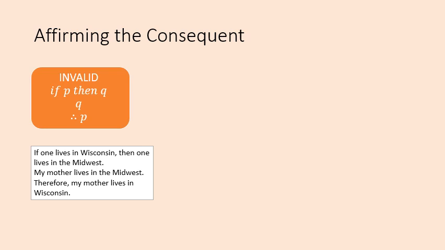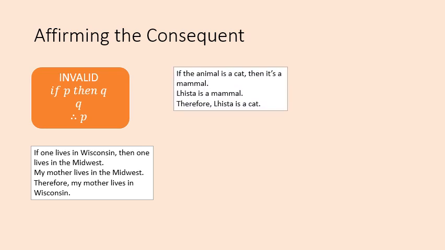In fact, my mother does not live in Wisconsin, but she does live in the Midwest. She lives in Illinois. So both of these premises are true, and the conclusion is false. So it's clear that this pattern is invalid as a result, right? It's possible for all the premises to be true and the conclusion false.